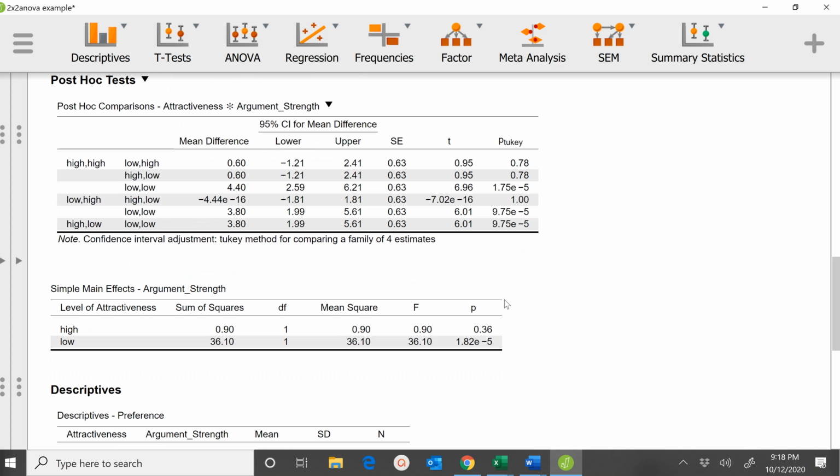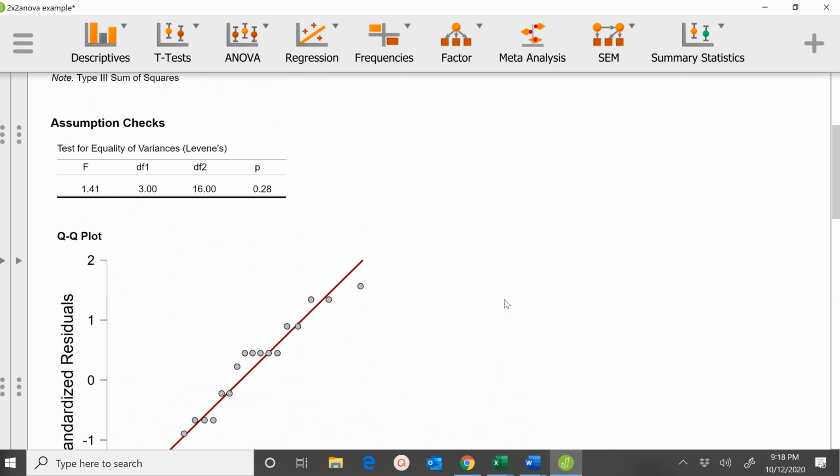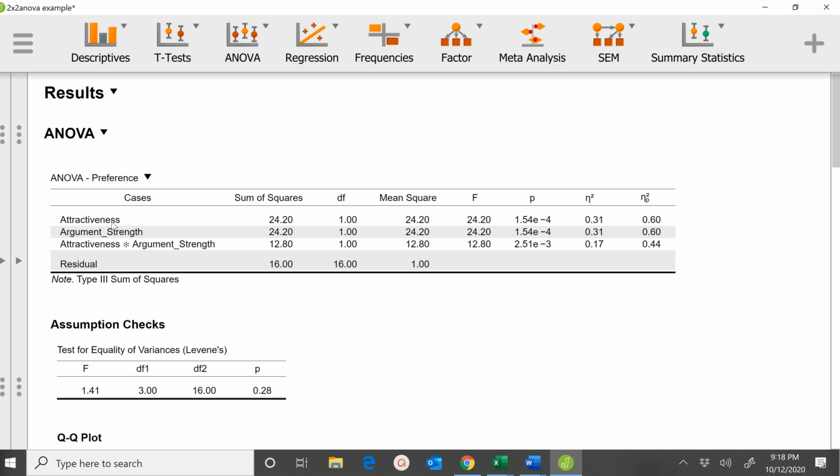So to summarize the findings here, we can say that there was a main effect of attractiveness such that higher levels of attractiveness led to more preference for the product as compared to lower levels of attractiveness. We could say there was a main effect for argument strength such that stronger arguments led to more preference for the product than weaker arguments.